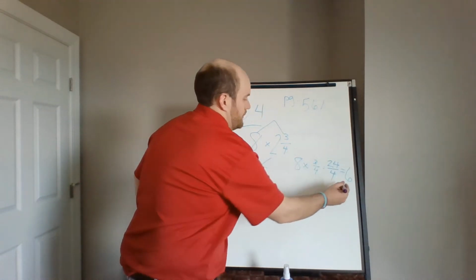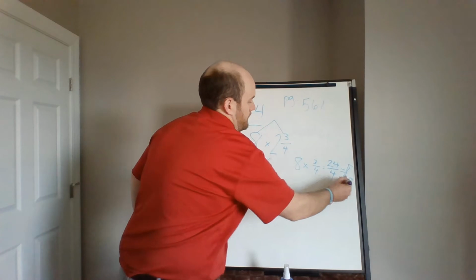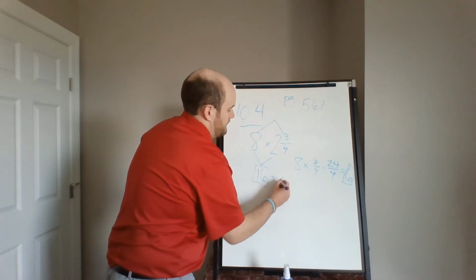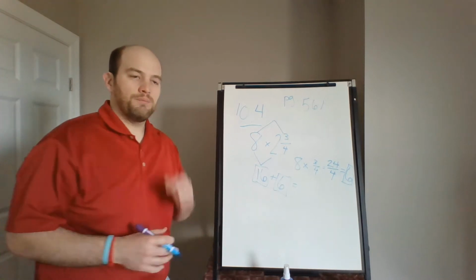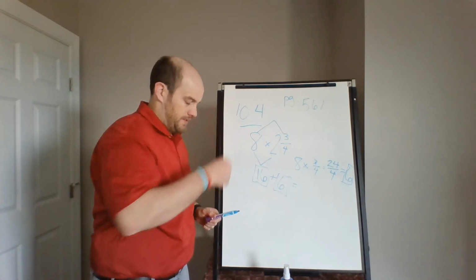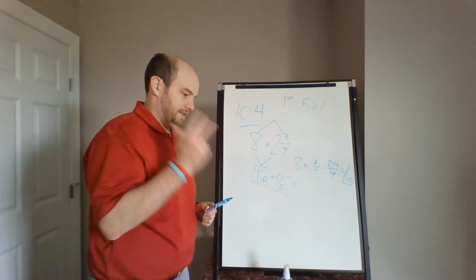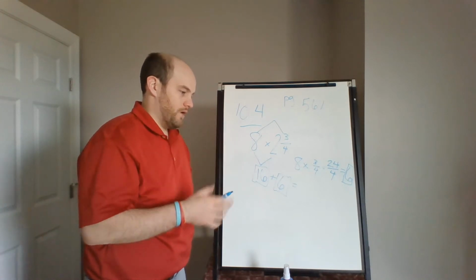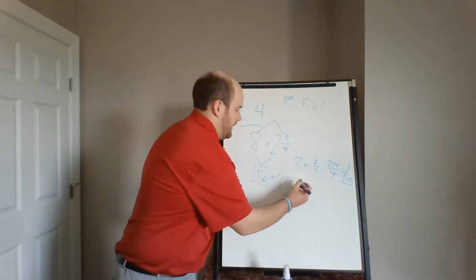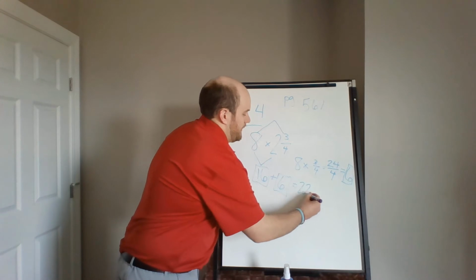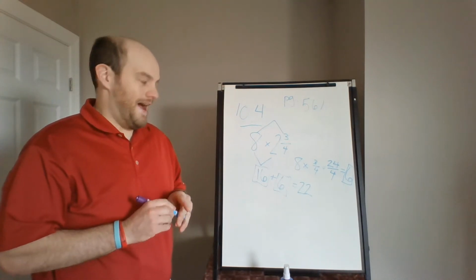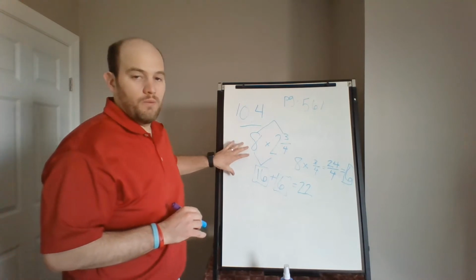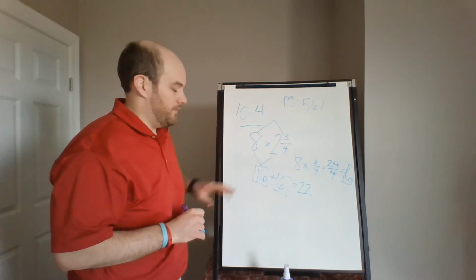Now you take this number and add it to the 16 that you had before. What's 16 plus 6? 16, 17, 18, 19, 20, 21, 22. So our answer would be 22. Does it work? Yes. Now this is the one way that they're going to teach you how to solve it.